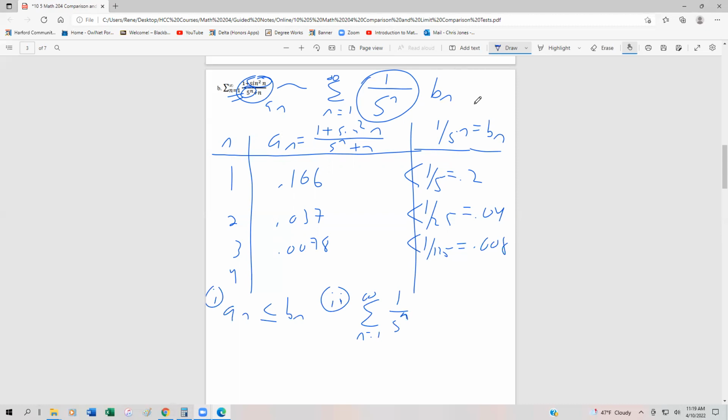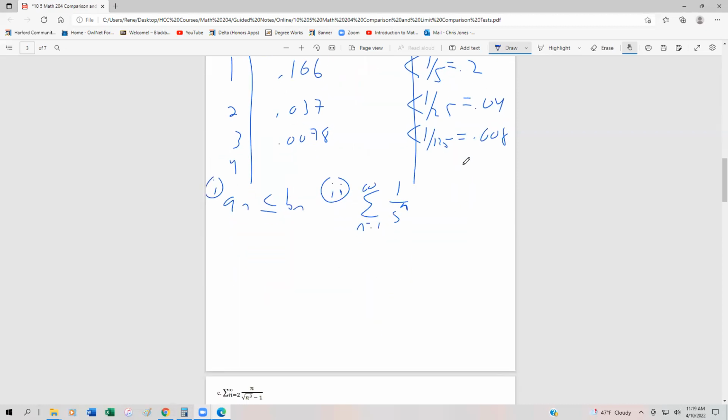That looks like a geometric series, so we can rewrite it as the series of (1/5) to the n. Thinking about our geometric series, r is equal to 1/5, which is clearly less than 1. So we have a convergent geometric series, and this series converges.